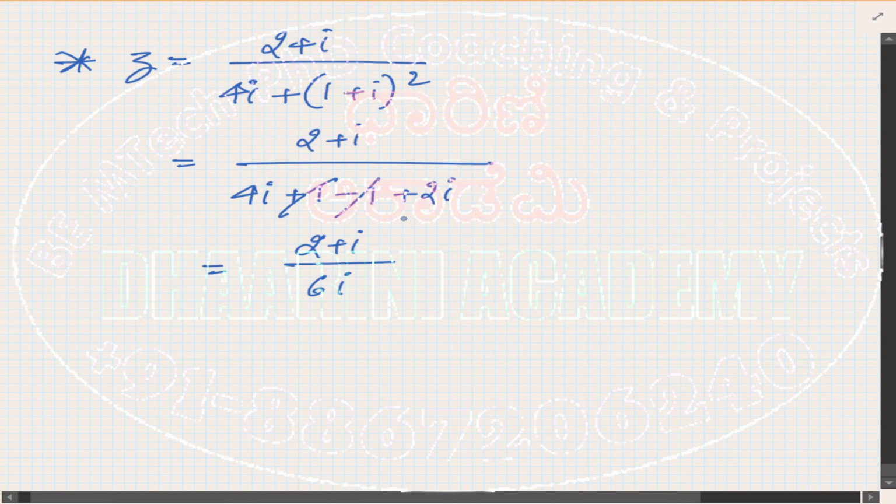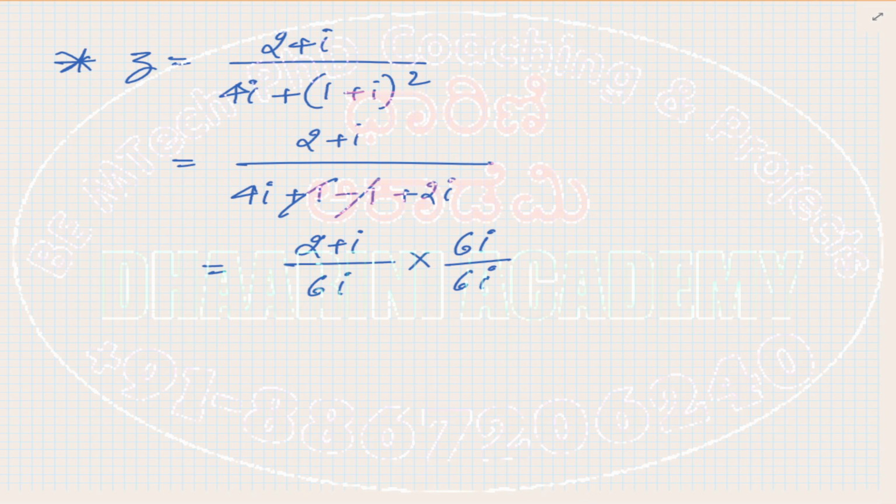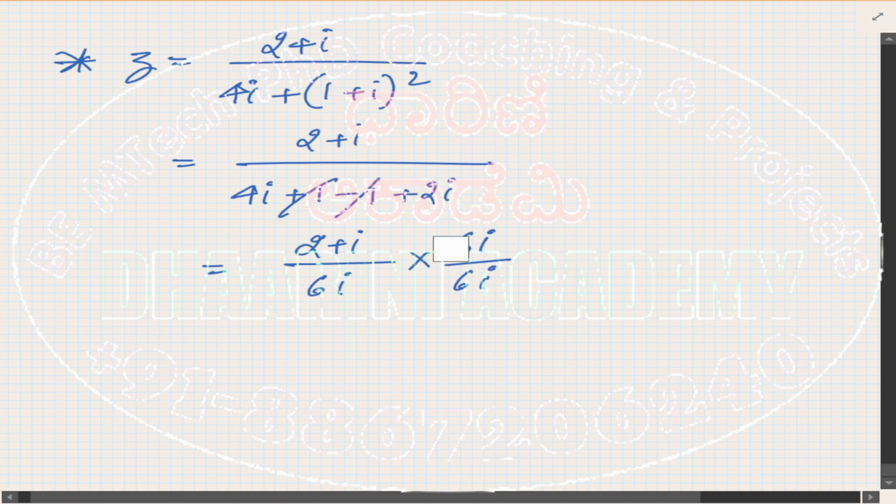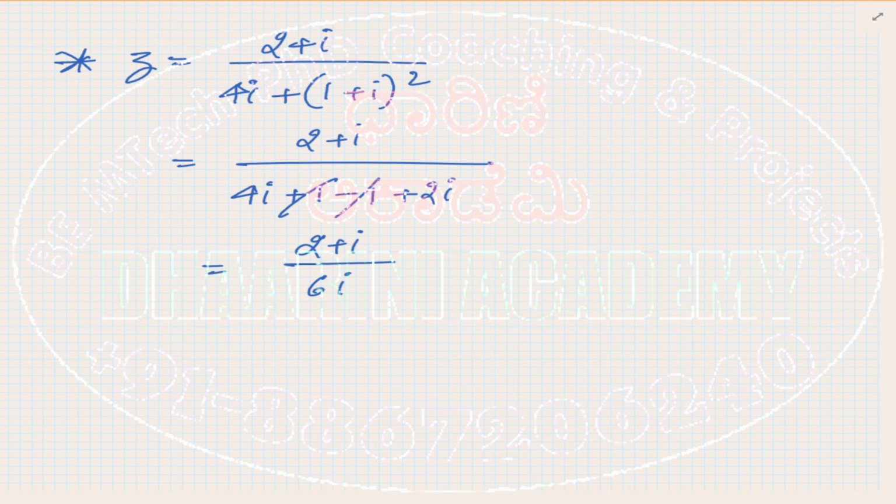As soon as I see a 6i, I can multiply and divide with the 6i, but otherwise the problem is simple, so we don't do the multiplication because you know the answer. Straightforward, you can write this. Let us split the terms.